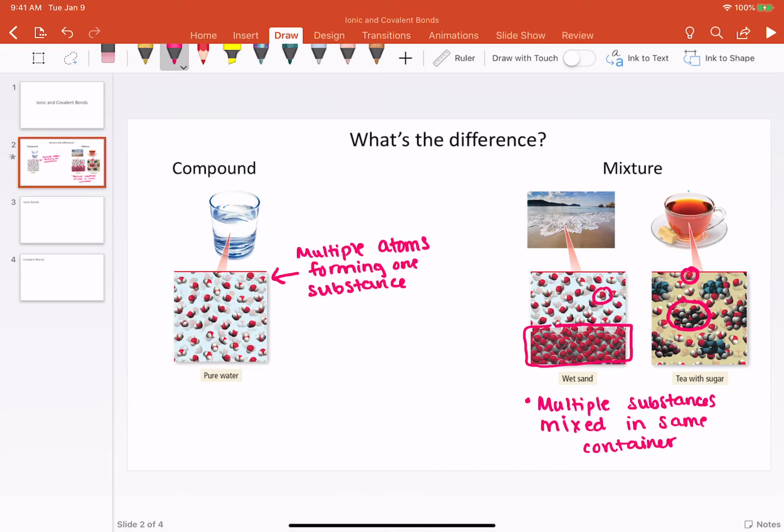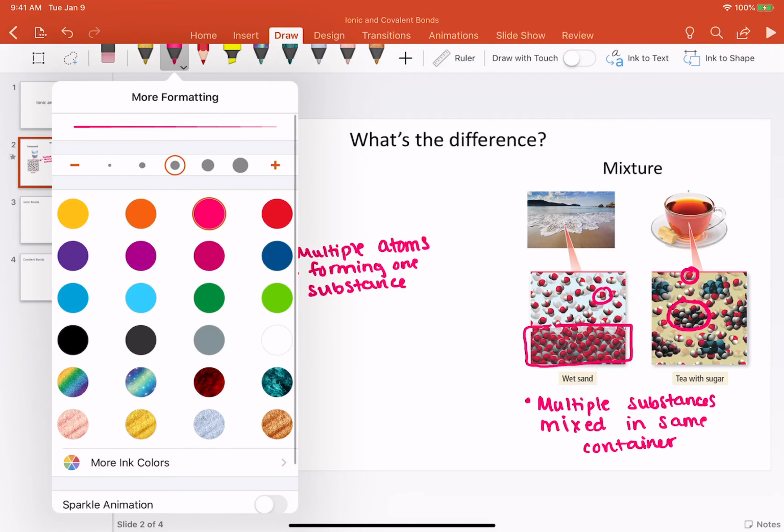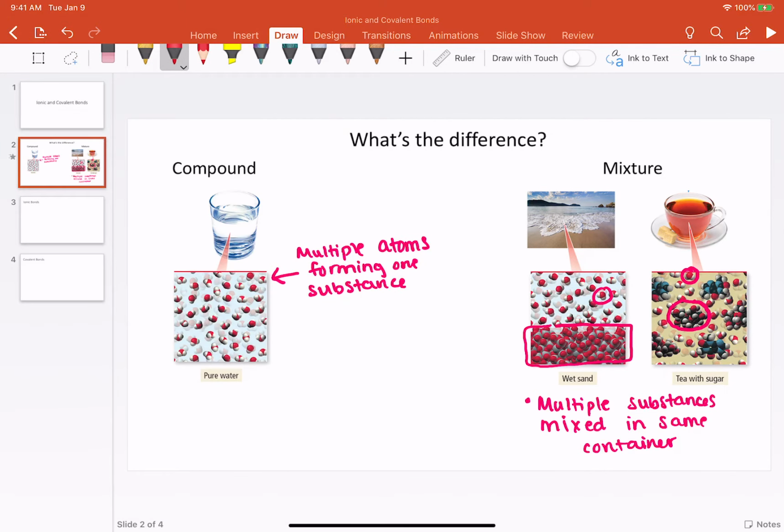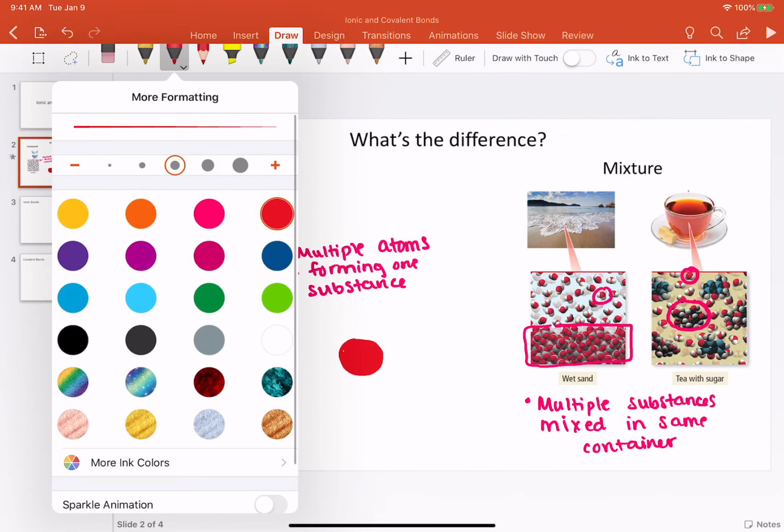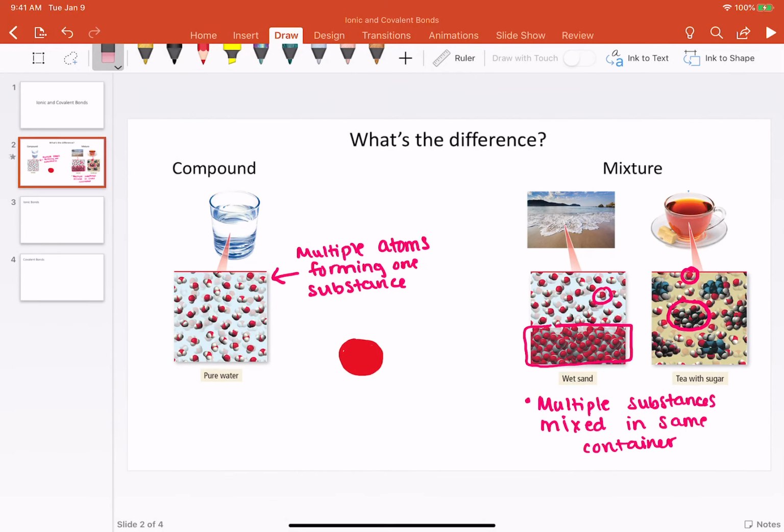If we look very closely at these molecules, we have our red oxygen atoms, and those are bound to 2 hydrogens each. So each one of these is a molecule of H2O, and that is an example of a compound. In particular, this compound uses covalent bonding, and this is what we're about to start talking about.